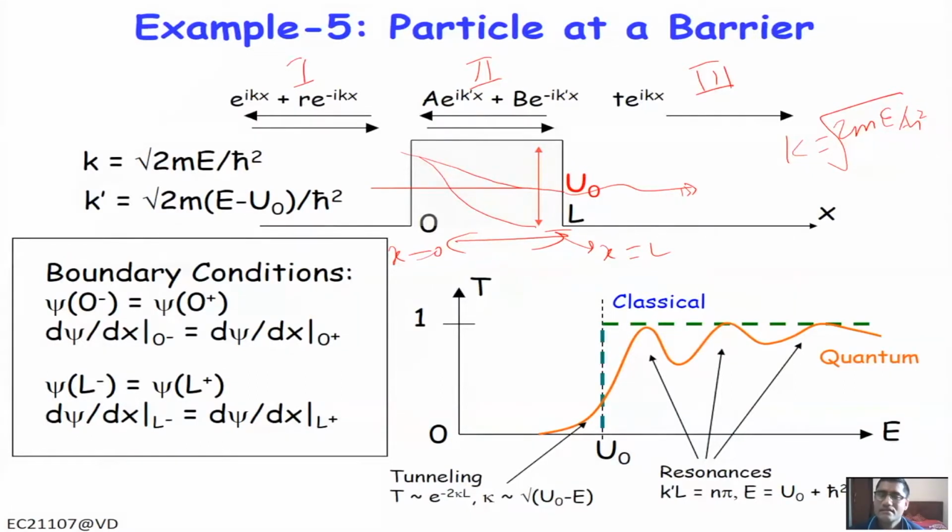Sir, in the step potential, reflection should be 1, right? Reflection coefficient. When the energy is less than the potential barrier, it is always reflected. So sir, we said that it can also cross that step, so it means that it is crossing and then coming back.